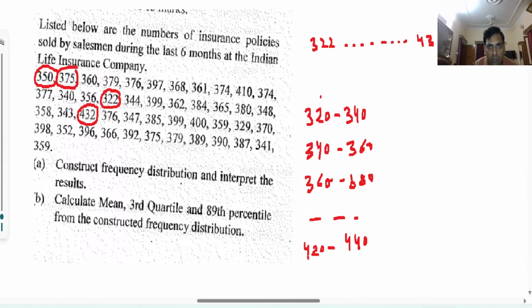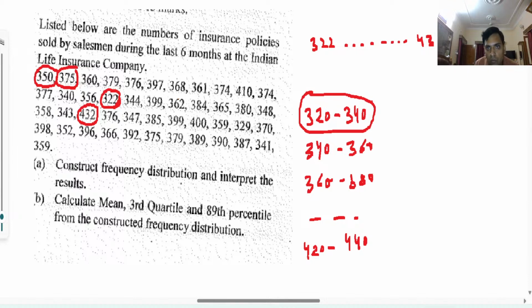Now you will count the quantities which lie in 320 to 340. So we will see the number of quantities lying in 320 to 340. In this case, one is 322, and the second quantity, is there any between 340?